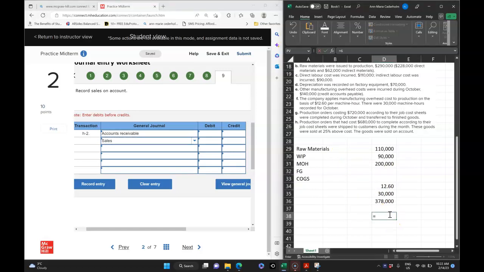If I take 680,000 and multiply it by 1.25, then I'm grossing it up by the 25%. So then that's 850,000. Or you can just do 680 times 25% and then add that to the 680. We'll get the same answer.